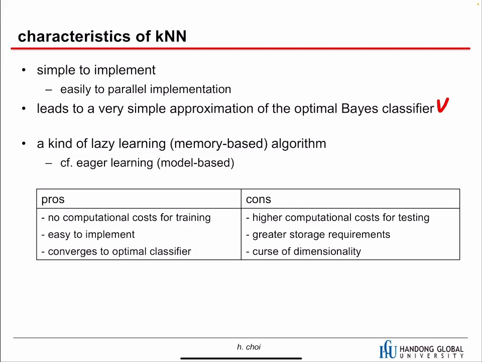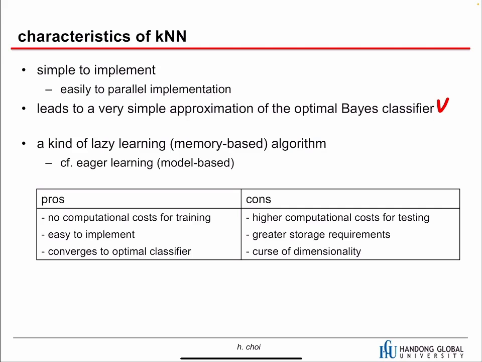And also, it is a kind of lazy learning, or a memory-based algorithm, which means, as I said, we have to memorize all the training samples. When we classify a new sample, we have to calculate the distance between the test sample and all the training samples, which means that even when we classify a new sample, we still need the training samples. Model-based learning is different.